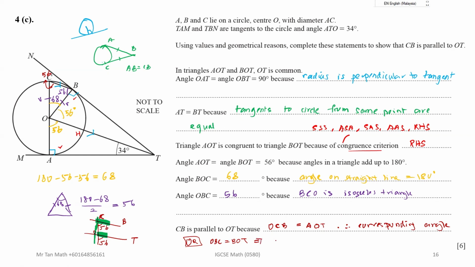This is due to alternate angles. It depends on whether you want to use OCB equal to AOT, or you can use OBC equal to BOT, which will be alternate angles.